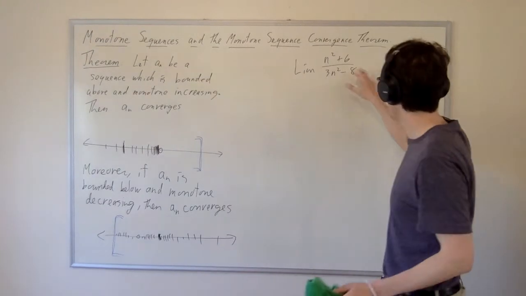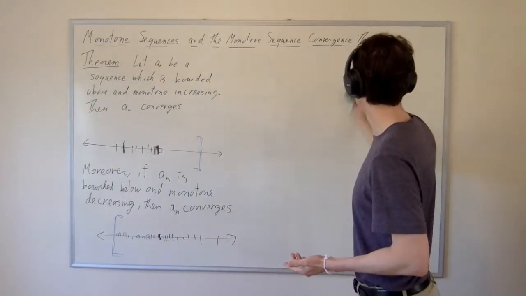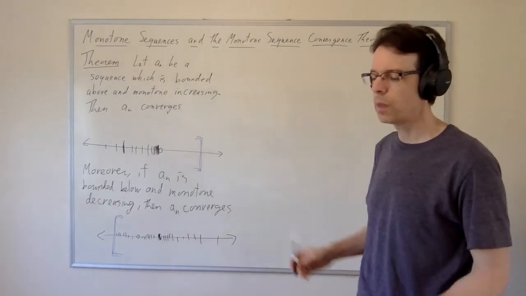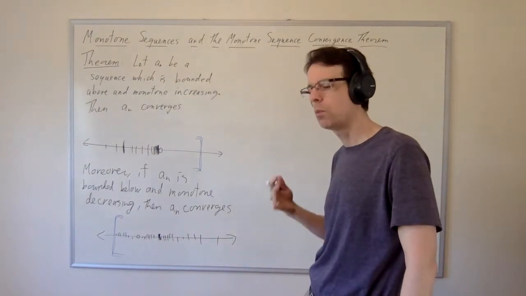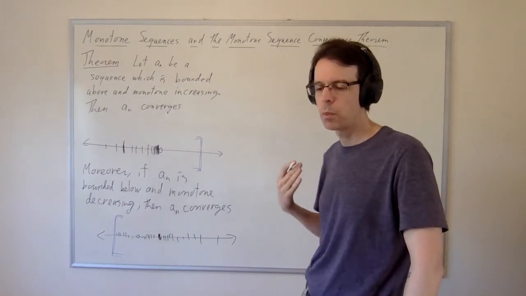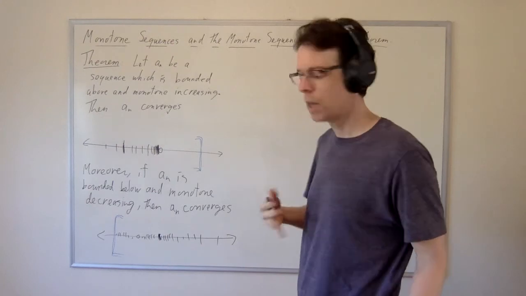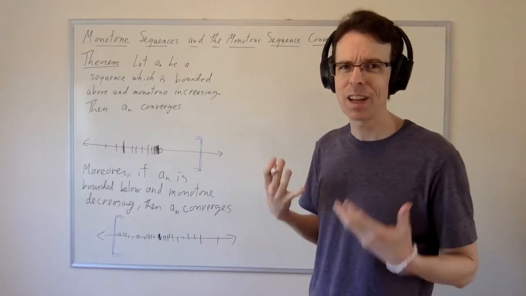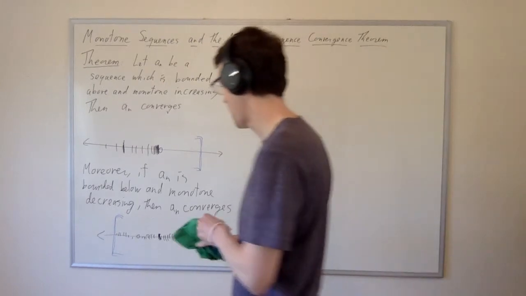And there's no way to work out what the limit will be by performing algebra because we just don't have that kind of specific handle on what the sequence is. That, to me, is the hardest part about this proof. In order to get started on proving that something converges, you have to prove that it converges to something, and there's not a something here. There's not a limit that it seems to converge to that we should prove that it converges to.